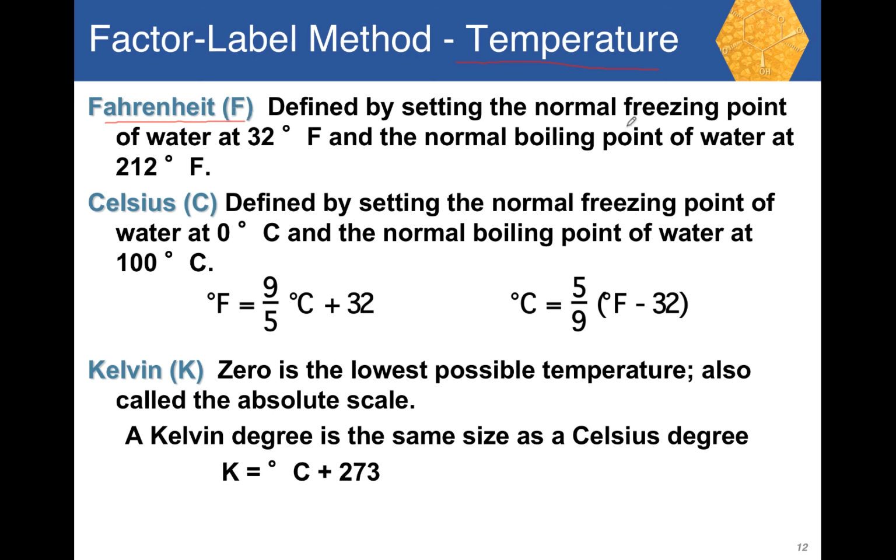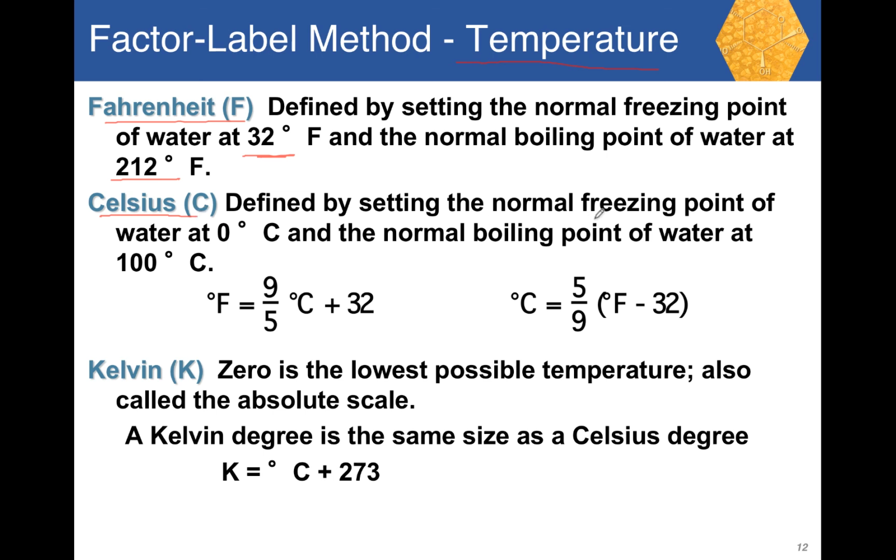Fahrenheit is defined such that the freezing point of water is 32. Of course, we're familiar with that. And the boiling point of water is 212. A unit that is more familiar to scientists and used more frequently in Europe is the Celsius, or centigrade, scale for temperature.